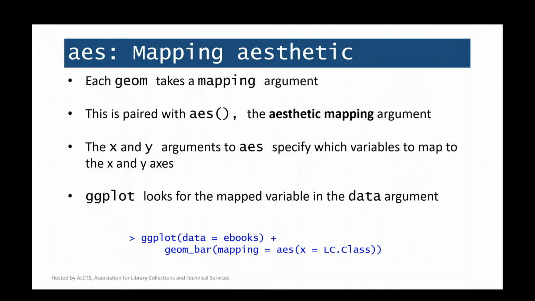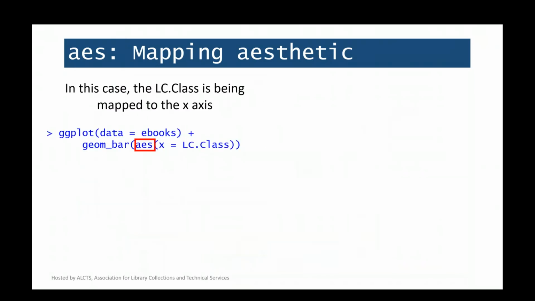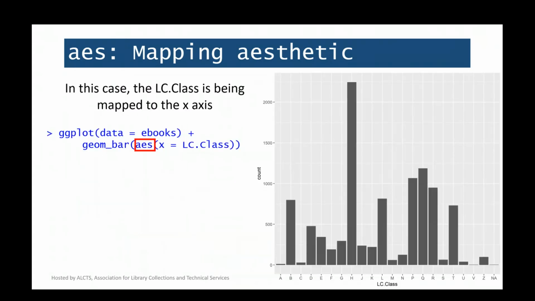So what ggplot is doing is it's looking for LC class in the data, and I load my data into that initial ggplot function call. So it's looking for a variable called LC class, then it's scanning down it, and it's putting each one of those values into the x-axis. It'll make a little more sense when we actually look at it.